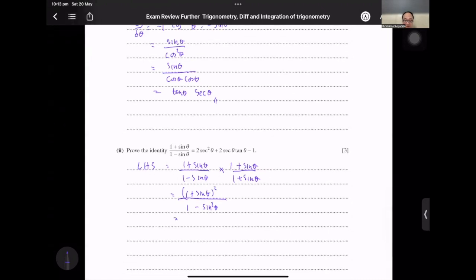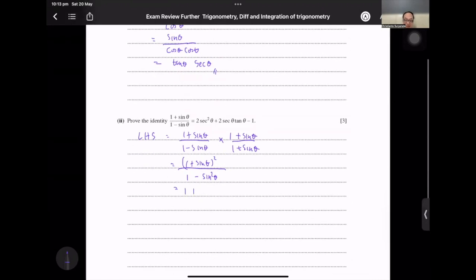So what is this? We have 1 plus 2 sine theta plus sine square theta over, what is 1 minus sine square theta? It's cos square theta. Yeah, using the identity, 1 minus sine square theta is cos square theta. So what can we do to have the secant in here?